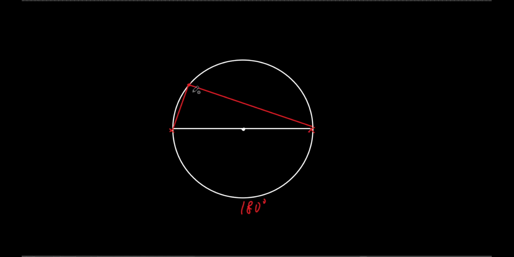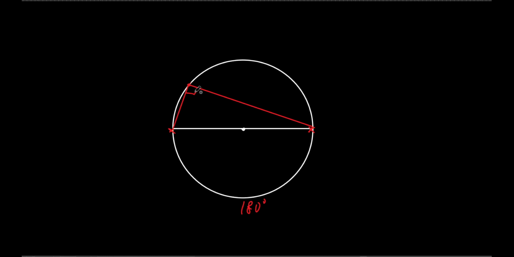So what does this angle have to be? This has to be 90 degrees. So that's a way that you could draw a perfect 90-degree angle. Draw a circle, draw a diameter, and then inscribe the angle to the end points of the diameter, and you've got a perfect 90-degree angle.